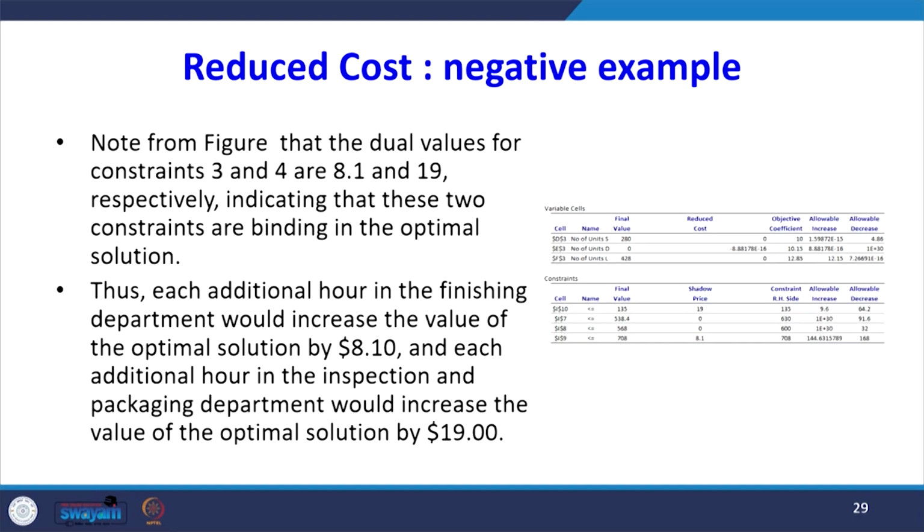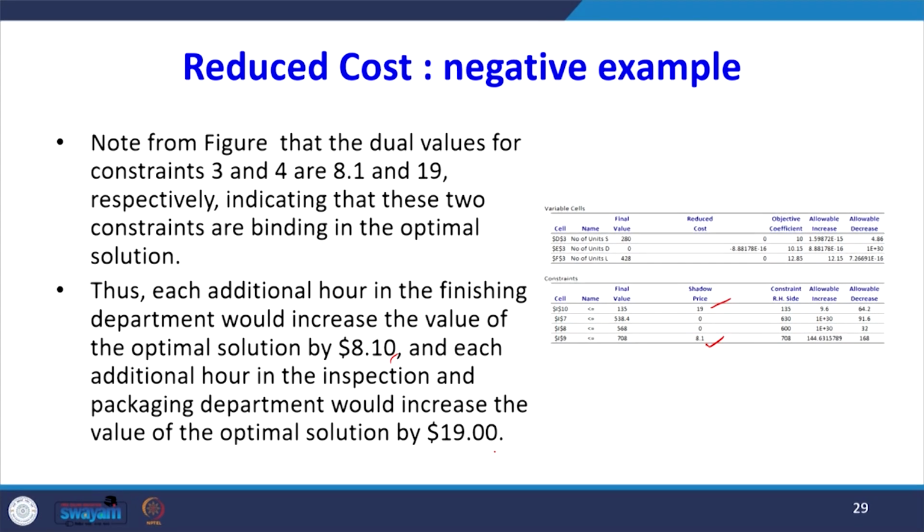Note from the figure that the dual values for constraints 3 and 4 are 8.1 and 19 respectively, indicating these two constraints are binding in the optimal solution. Thus, each additional hour in the finishing department would increase the value of the optimal solution by $8.10, and each additional hour in the inspection and packaging department would increase it by $19.